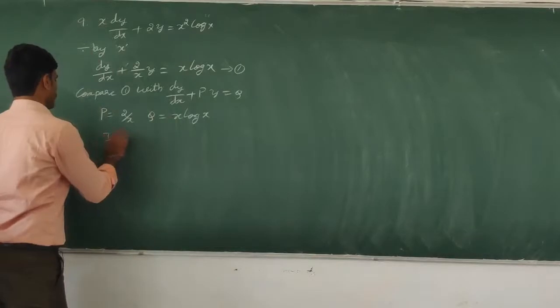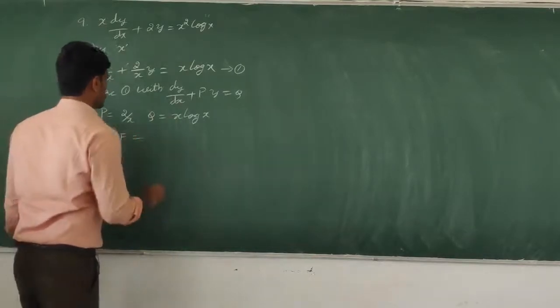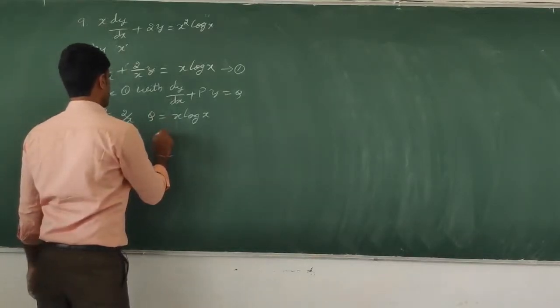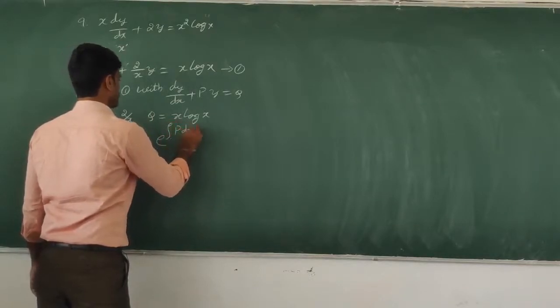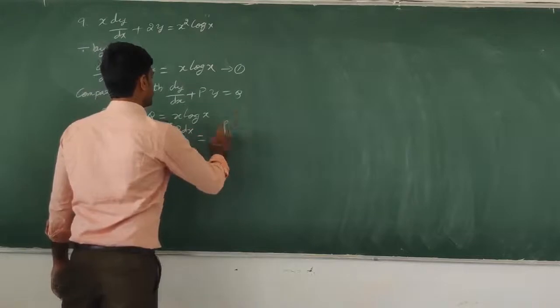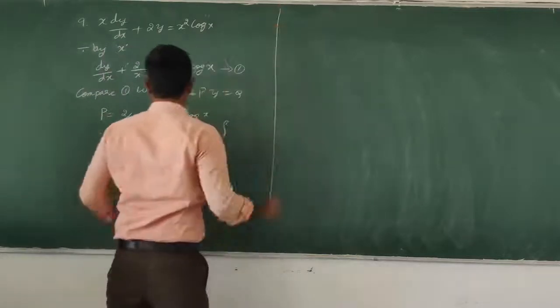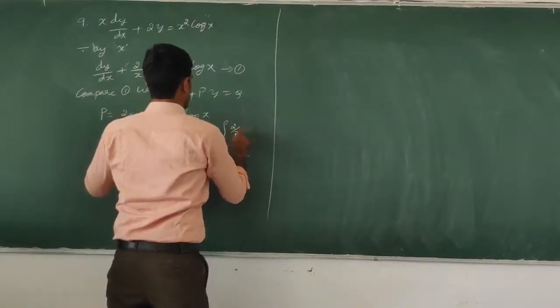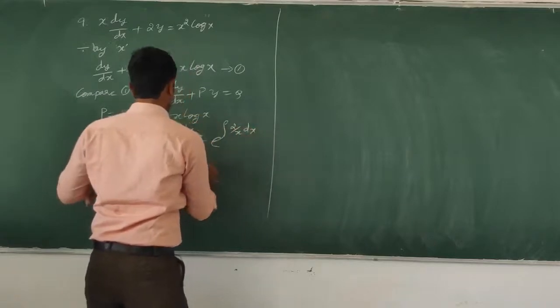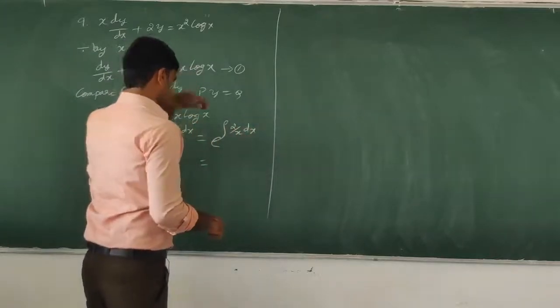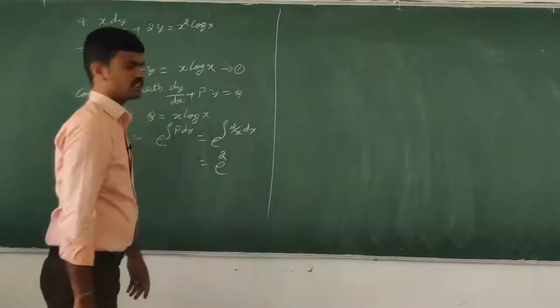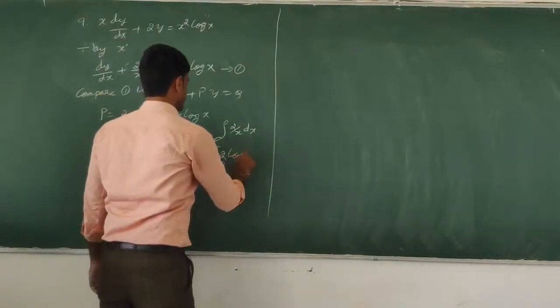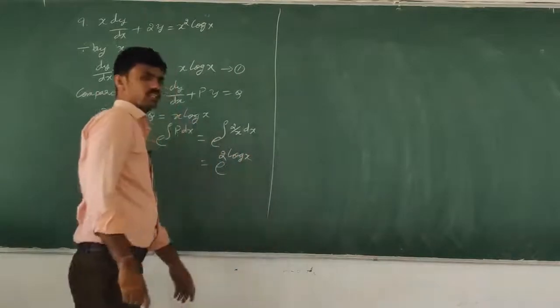So by using the formula, integration factor is equal to e to the power integration of P into dx. So that is e to the power integration of 2 by x into dx. This is equal to e to the power 2 into integration of 1 by x is log x. 1 by x na integration log x agutte.